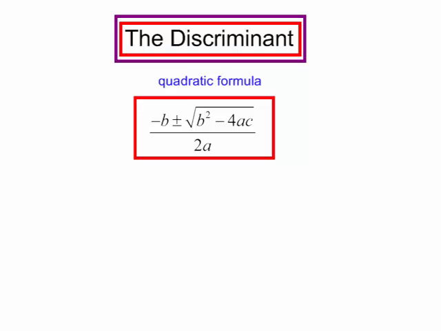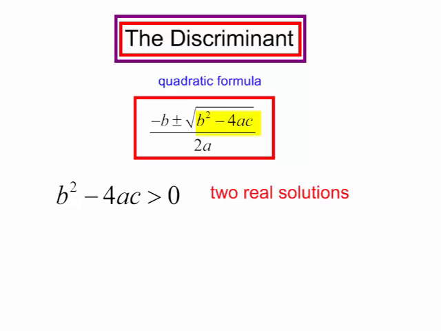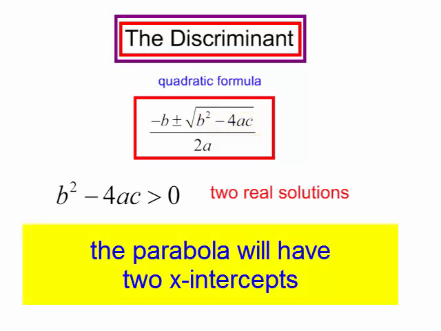Now let's talk a little more about the discriminant. If the discriminant is greater than 0, if it is positive, we are going to have two real solutions. Or we could say that our parabola will have two x-intercepts. Look at the quadratic formula.